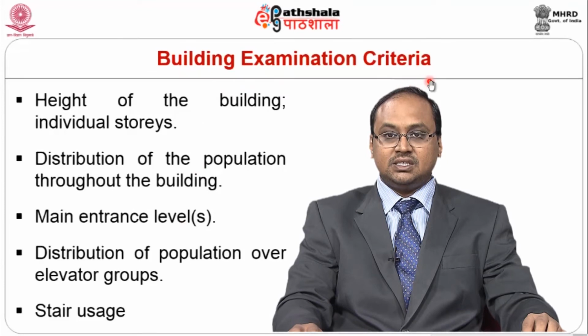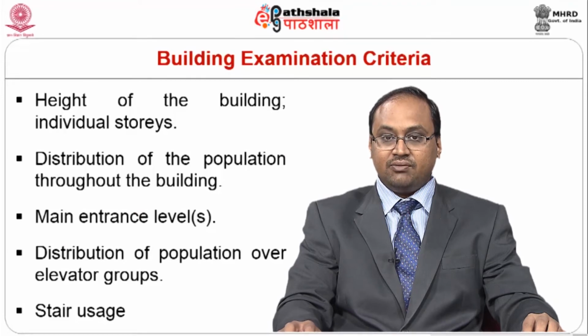Building examination criteria is one of the vital aspects of design. We need to understand what is the height of the building, number of stories and what is the height of individual stories. Distribution of population throughout the building, starting from the base till the top. Main entrance level, at what level does the main entrance take place?